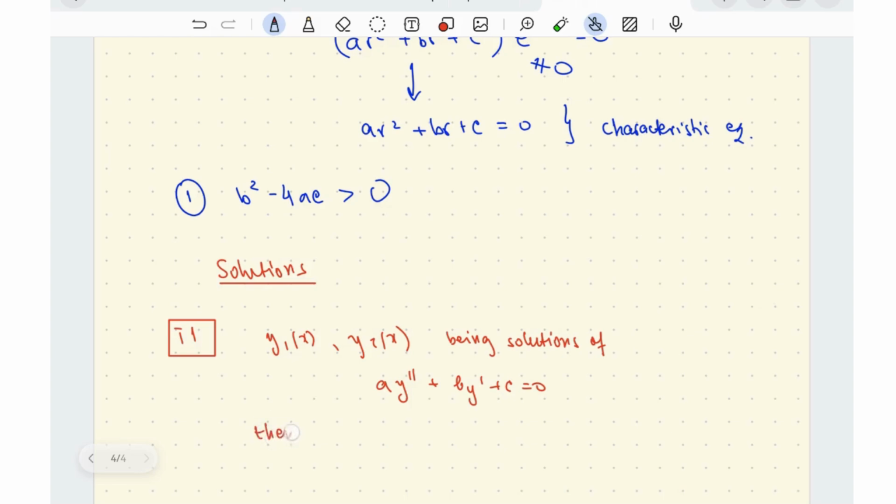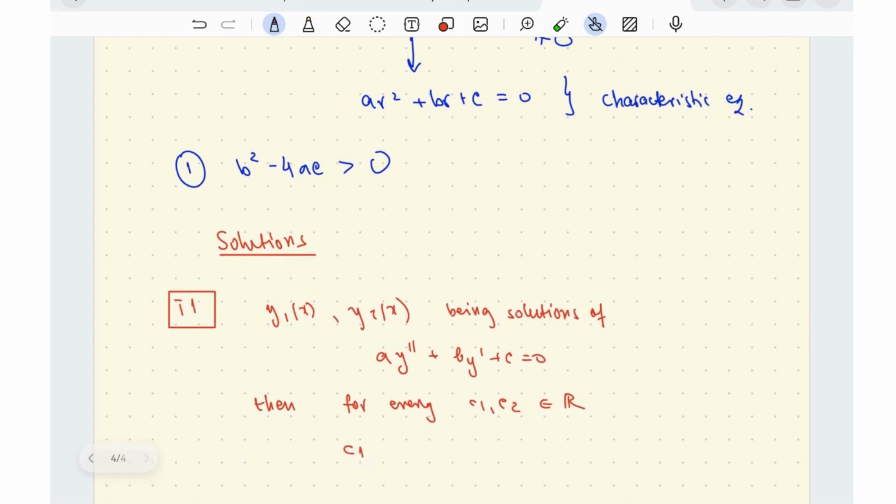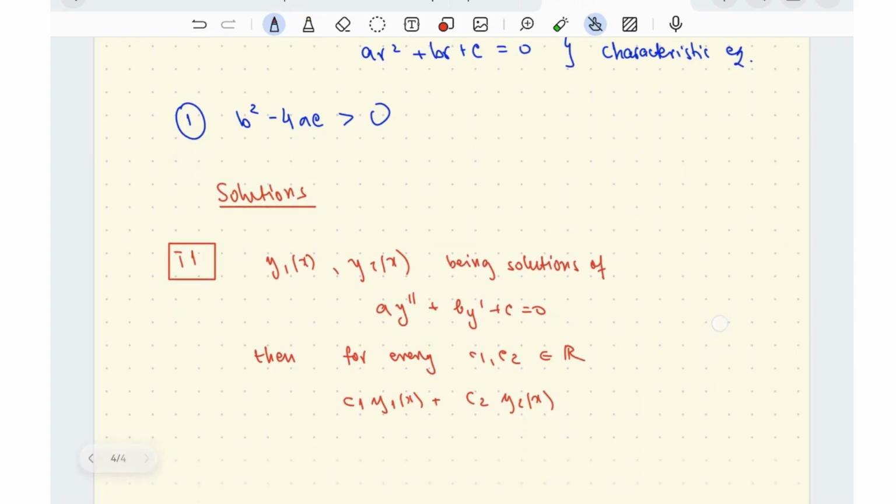Then for every C1, C2 from R, C1 y1(x) plus C2 y2(x) is also a solution of, I'll call this star, so of star.